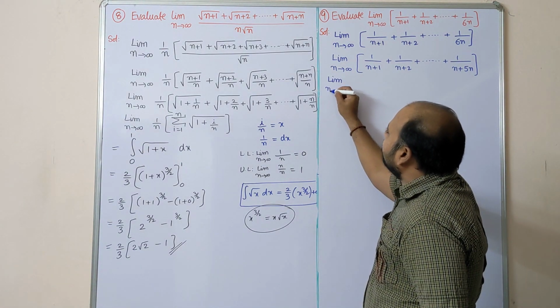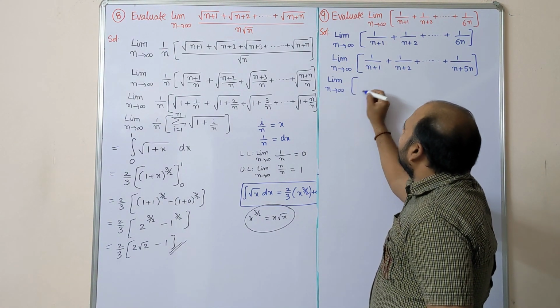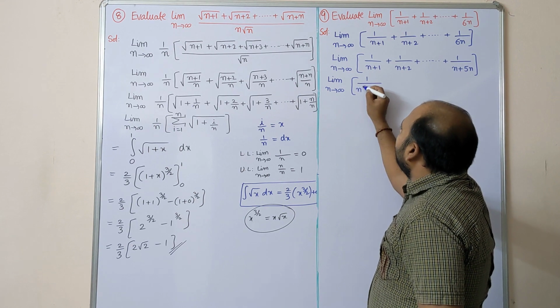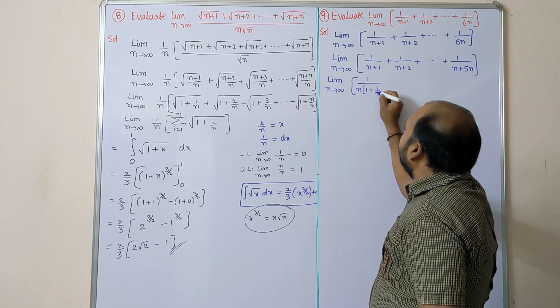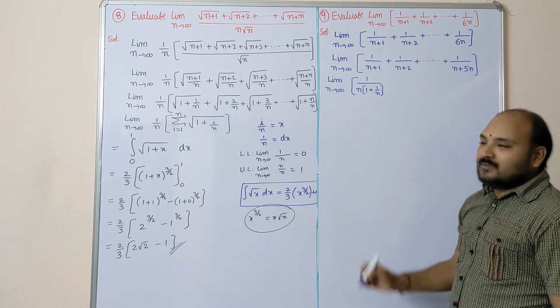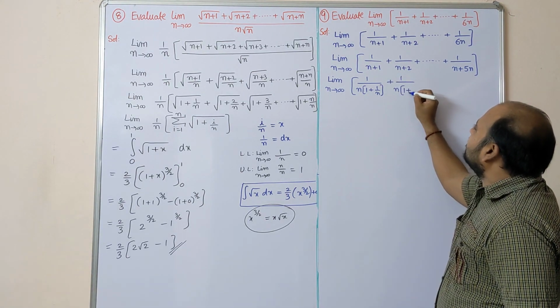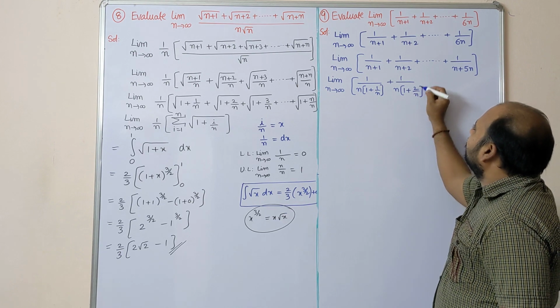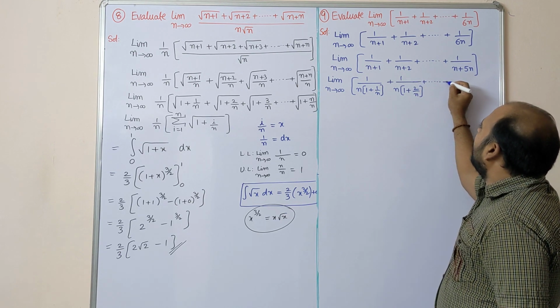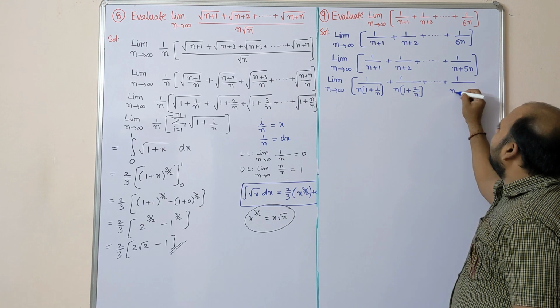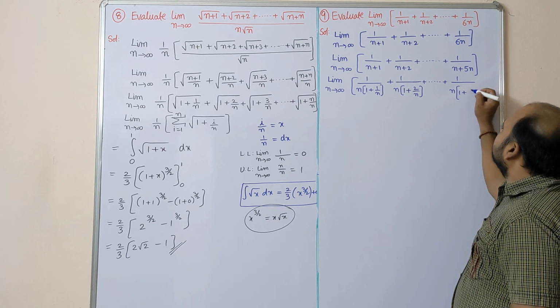Limit n tends to infinity 1 by n into 1 plus 1 by n. Am I right? Plus 1 by n take out common 1 plus 2 by n plus and so on 1 by n take common 1 plus 5n by n.